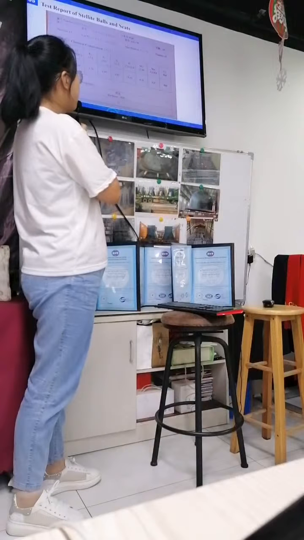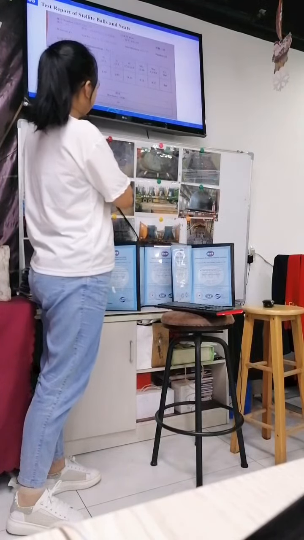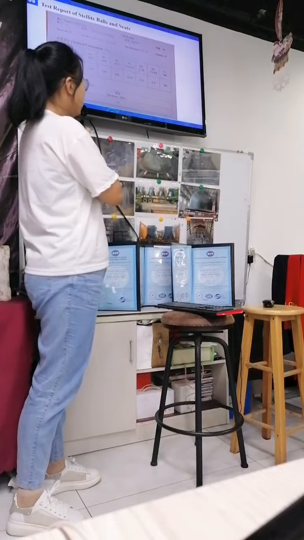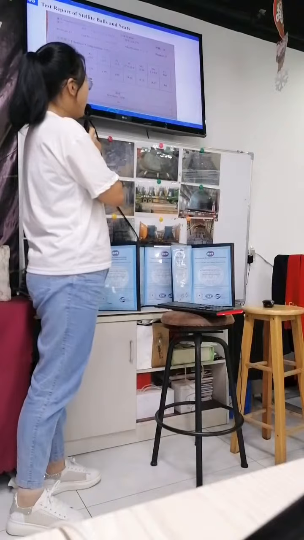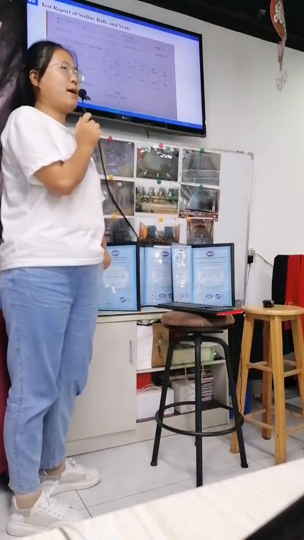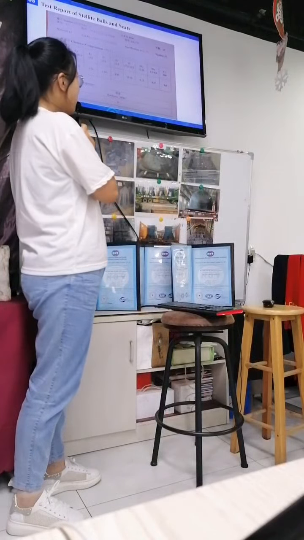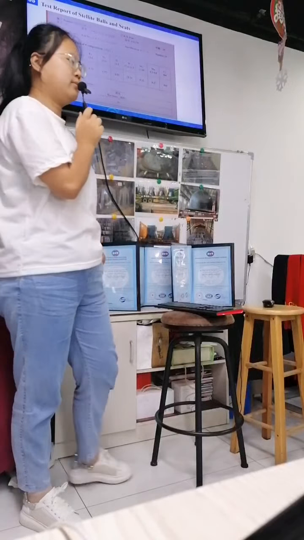For chemical composition, you can see the chromium is 33.97, and the tungsten is 18.1, and the cobalt is balanced. The hardness is HRC 59.